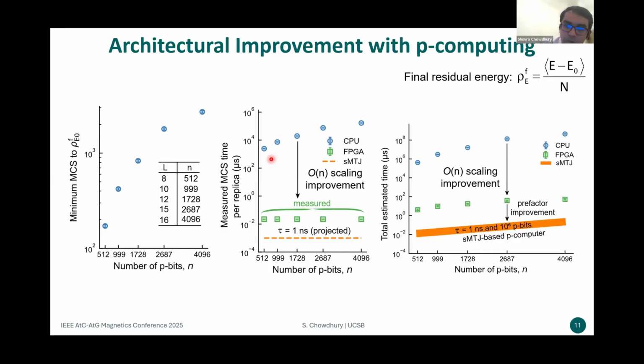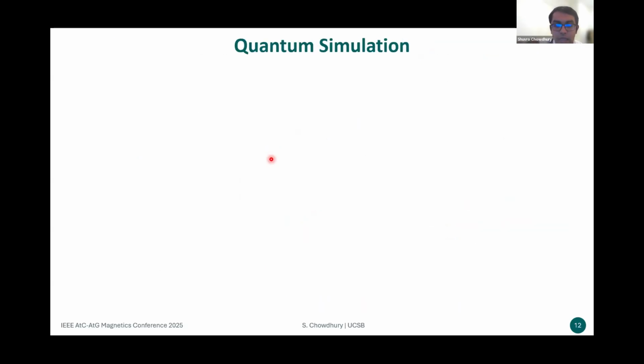The top one is CPU, and then there is an order of n improvement with FPGA based p-computing. And if you really want more savings, then you can build this p-computer with nano devices, and then you will get another factor of order of 2 improvement in prefactor, just speed, not speedup, scaling. So this scaling improvement is also possible with the p-computer.